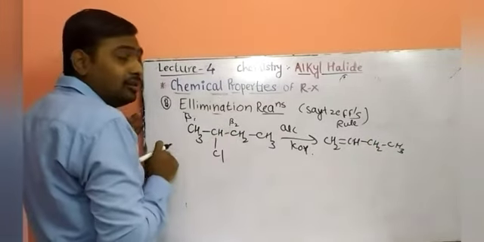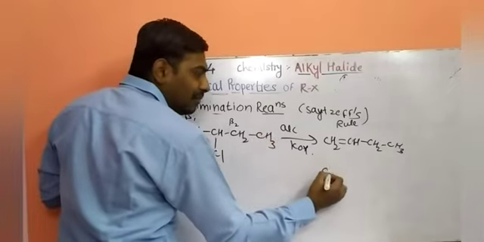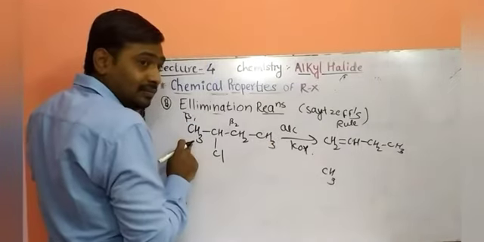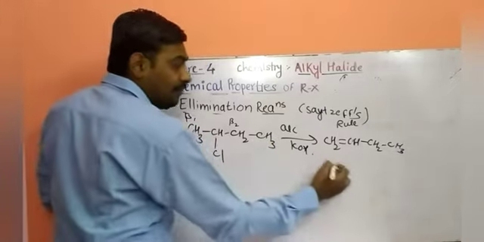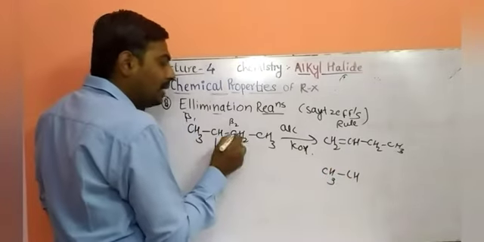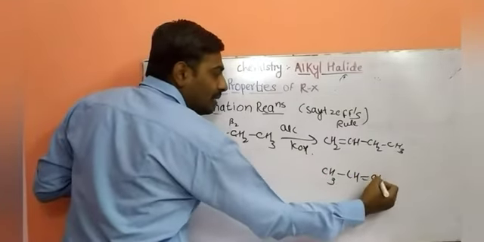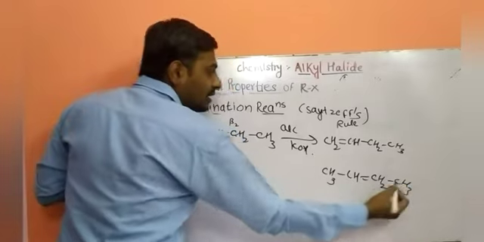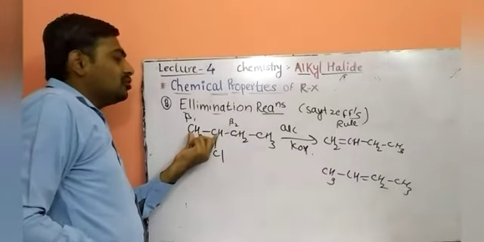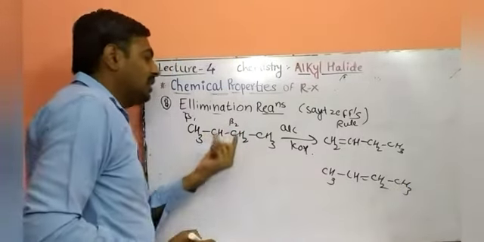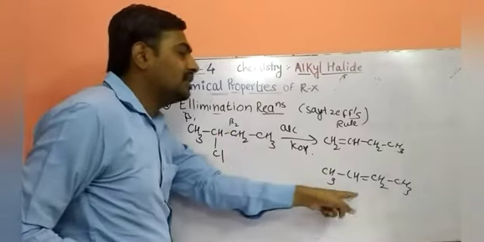If beta 2 is eliminated, we get the second product, CH3 CH double bond CH CH3. Elimination to this side gives this product; elimination to this side gives that product.